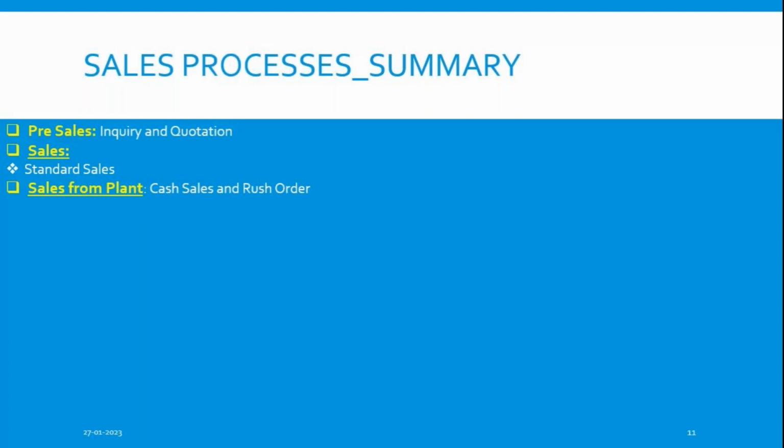Those two are considered as sales from plant because the customer is visiting the outlets and taking the goods. The company is not creating a delivery. Okay, it's like normal shopping, whatever we do, that is sales from plant. SAP has categorized all business processes into different segments, something like pre-sales, something like sales from plant, something like outline agreements, like that. It is easy to remember.